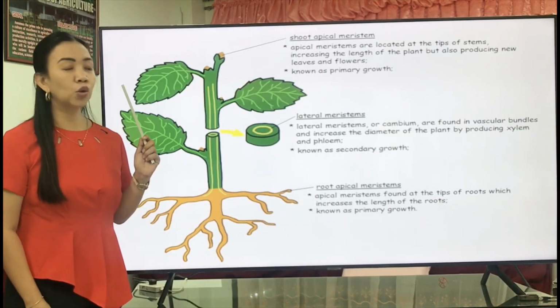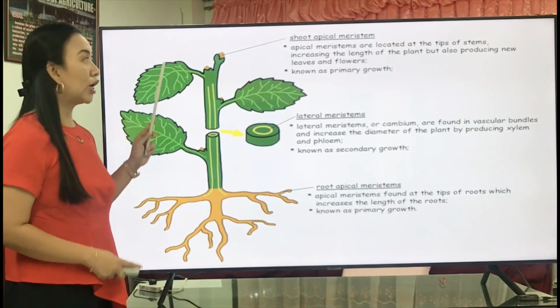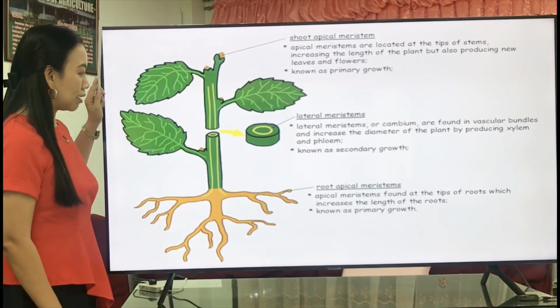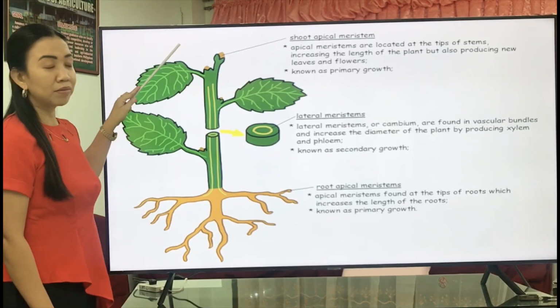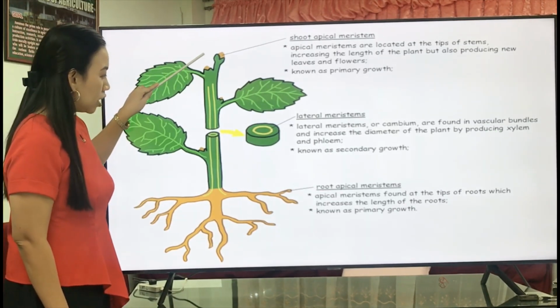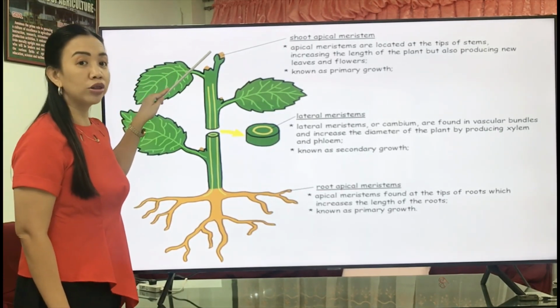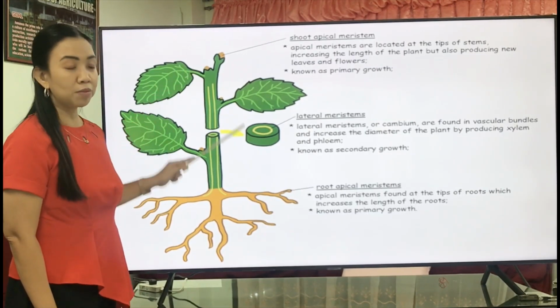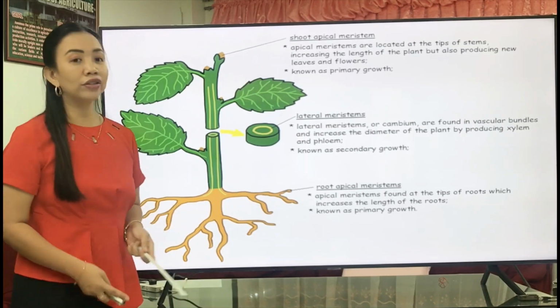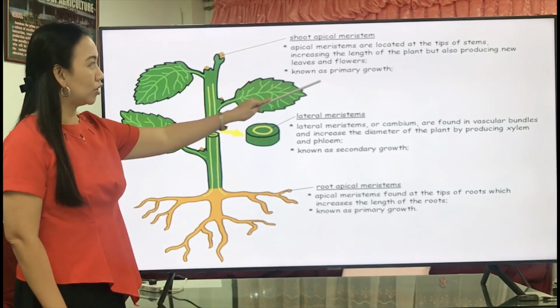So this slide shows us the different positions or locations of the meristems. We have the apical meristem, it can be found on the shoot here. There are also apical meristems on the roots, at the tip portion, so the tip of the shoot and the tip of the root. So the growth here is known as the primary growth.